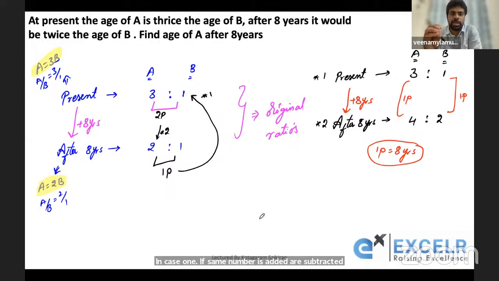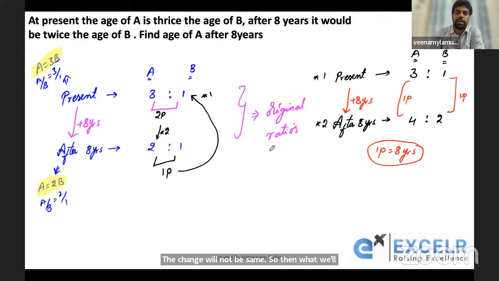In case 2, even after adding or subtracting the same number, the change will not be the same. Then we'll convert case 2 to case 1. How? We'll take the difference of the first ratio and multiply it to the second ratio, and take the difference of the second ratio and multiply it to the first ratio. Then we'll get the original ratios.